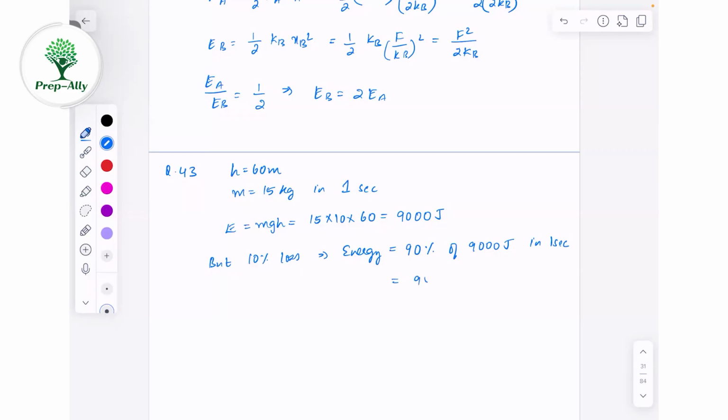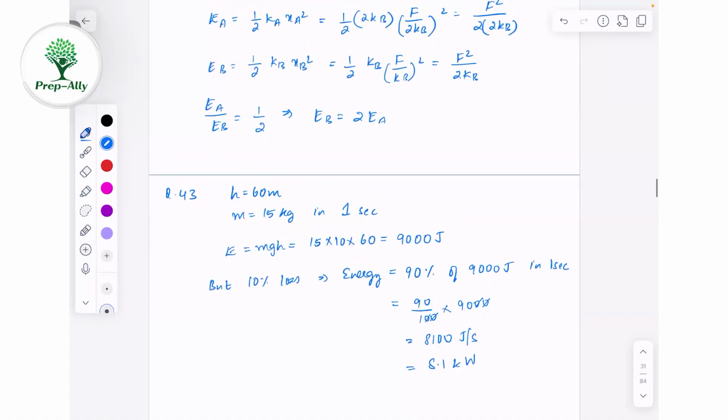That is going to be 90 by 100 into 9,000. That gives us 8,100, which is 8.1. This is joules per second, which is 8.1 kilowatt. The loss in potential energy of water is what powers the turbine with 10% loss. So we account for the loss and take only 90% of the potential energy of water.